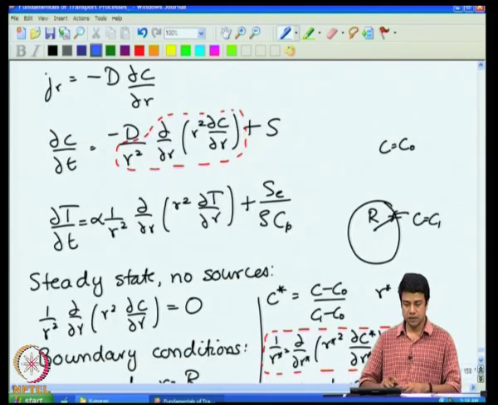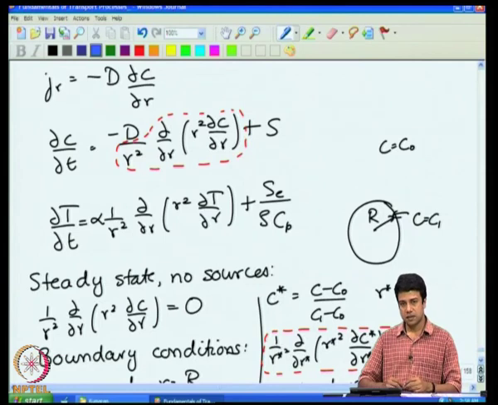dC by dt is equal to D times this operator, 1 over r square d by dr of r square dC by dr. In the case of a Cartesian coordinate system, this was just d square C by dz square. That is because the surface area was independent of the z coordinate.